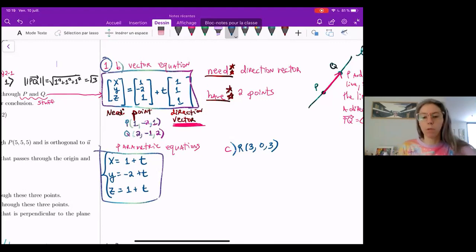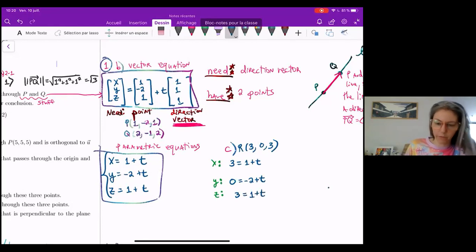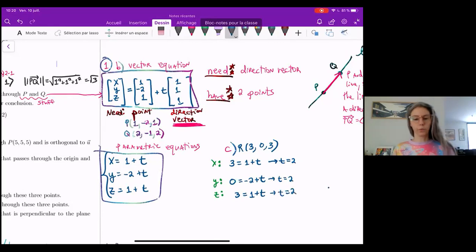And so I'm just going to replace x with 3, y with 0, and z with 3. So I'll have 3 is equal to 1 plus t for x, 0 is equal to -2 plus t for y, and 3 is equal to 1 plus t for z. So here I get t is equal to 2, t is equal to 2, and t is equal to 2.